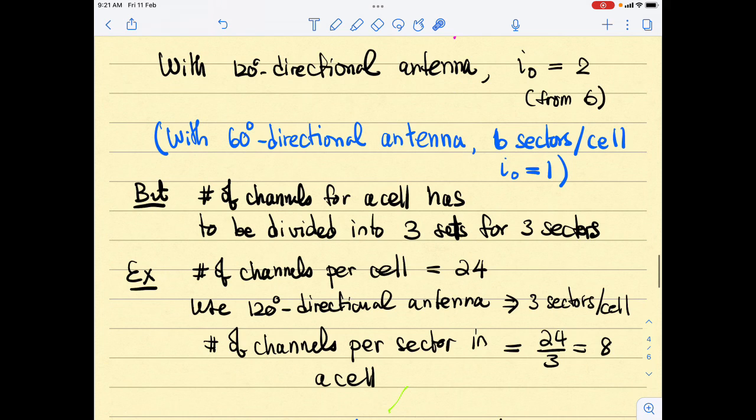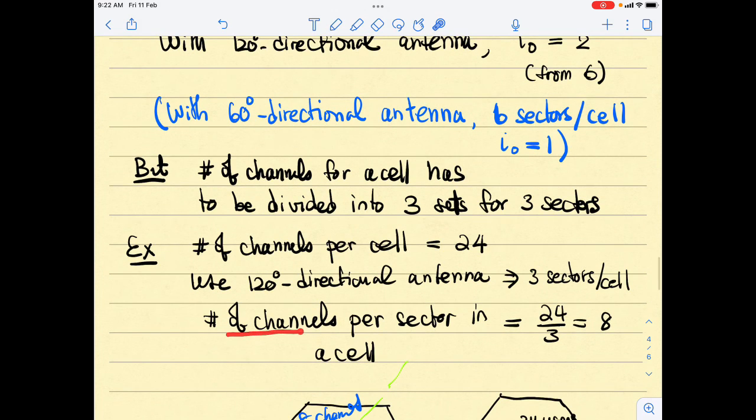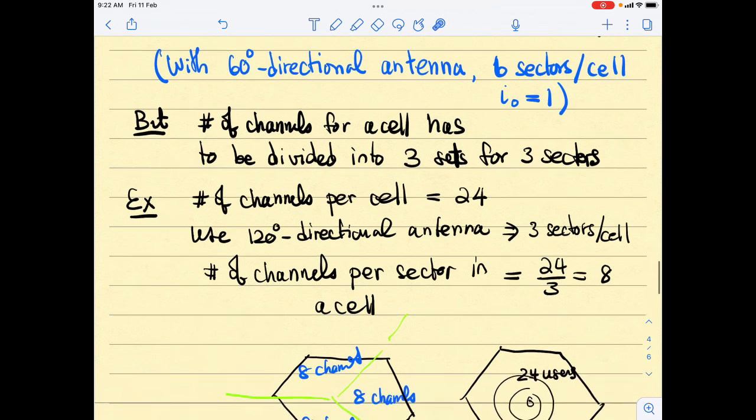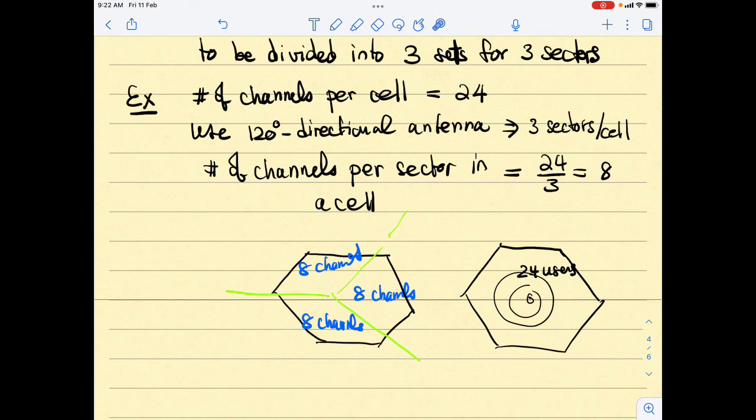For example, if the number of channels per cell is equal to 24, and we use 120 directional antennas, or 3 sectors per cell, the number of channels per sector in a cell is equal to 24 divided by 3, or 8. Okay, what does that mean? So we have a cell, there are 3 sectors, so every sector will be assigned only 8 channels, or it can only support 8 channels.